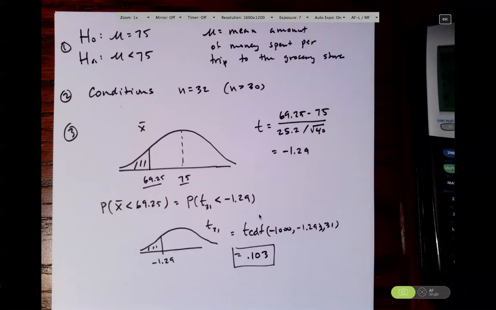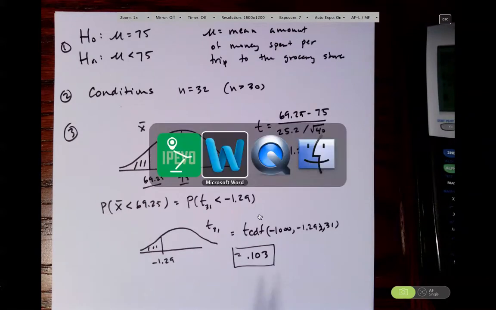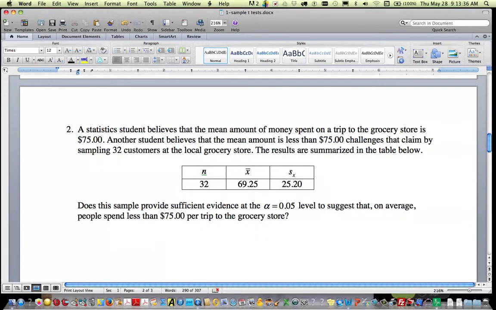So what we need to do here is decide when we are going to call a p-value low and when we are going to call a p-value not so low. The idea here is the alpha level. This says, does the sample provide sufficient evidence at the alpha equals 0.05 level?